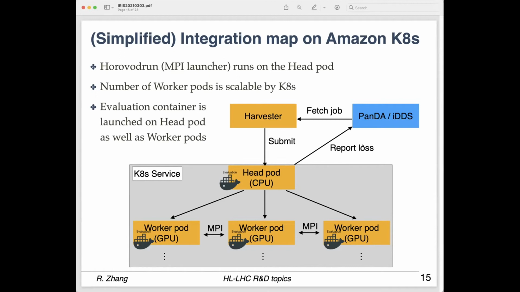The idea is Harvester will submit a job to the Kubernetes head pod, and the head pod, depending on how many GPUs are required, can auto scale. The head pod will create the worker pods, and once the training is done, the head pod will report the loss to iDDS. And then there can be a loop continuing.